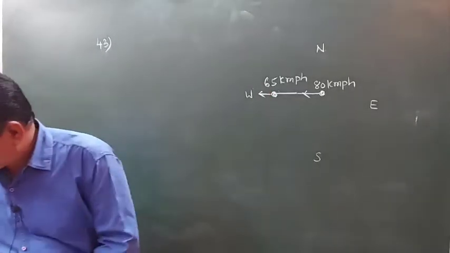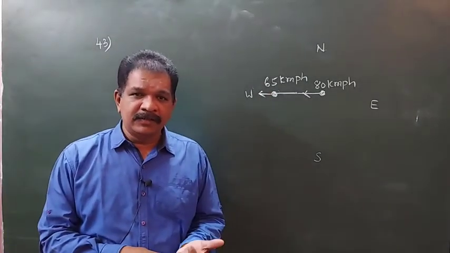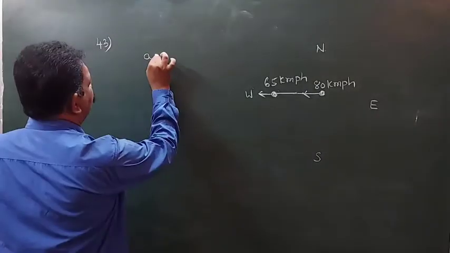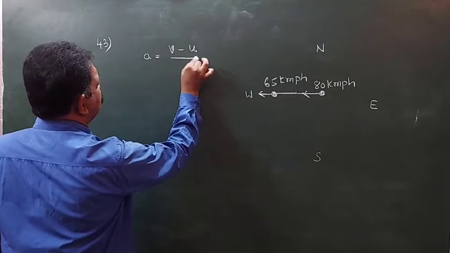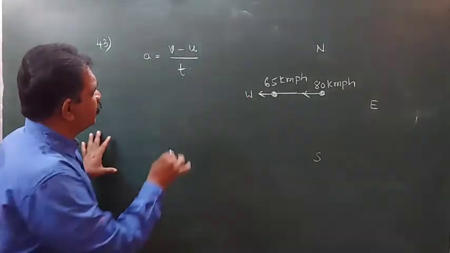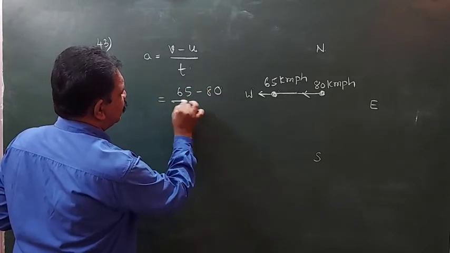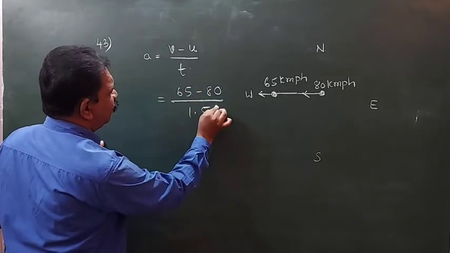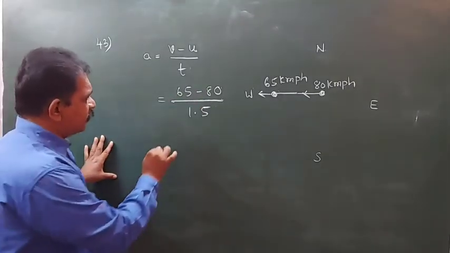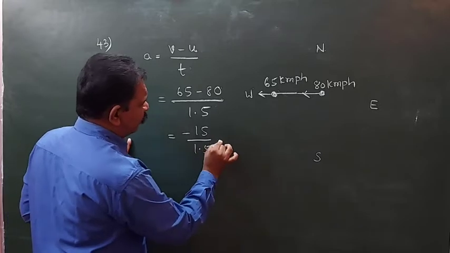What is its acceleration? That is the question. We know acceleration is equal to change in the velocity, final velocity minus initial velocity by time. Final is 65. Initial is 80. Time is 1.5 hours, so 1.5. This will be minus 15 by 1.5.